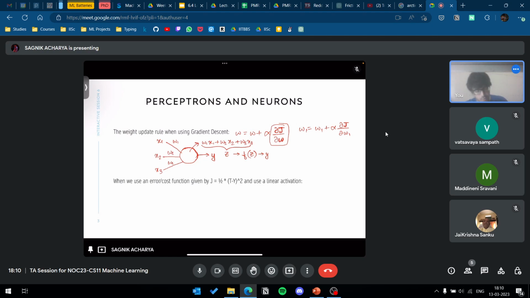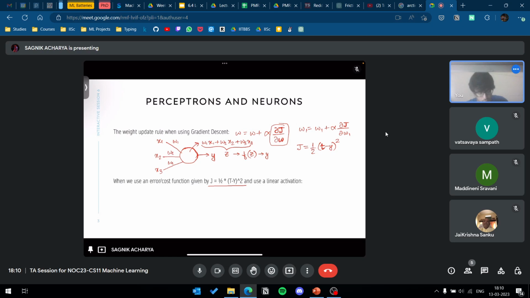Usually for a perceptron we use a simple squared error. So if j is half of (t minus y) whole square, where t is my target value, which is a constant, then I can find del j del w1 by applying the chain rule multiple times.